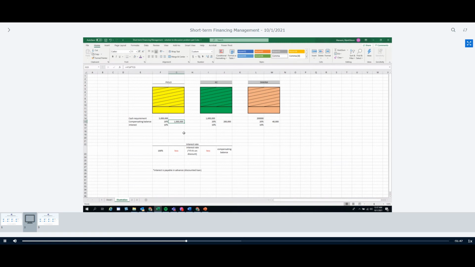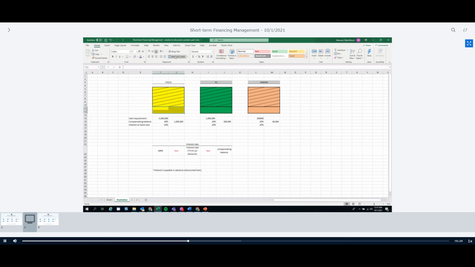For example, napag-usapan din natin, the going interest rate is 10%, sabi natin interest on bank loan. So the 80% is the only amount that Piolo can withdraw, and the 20% represents compensating balance.